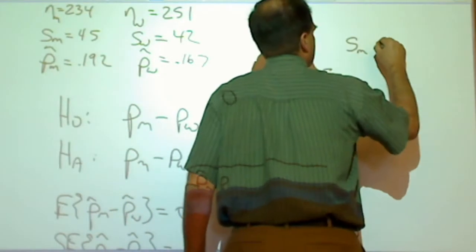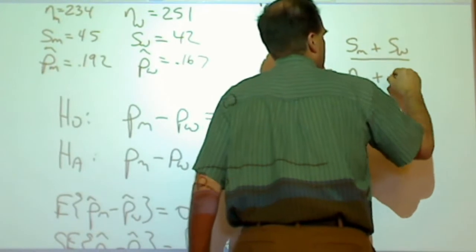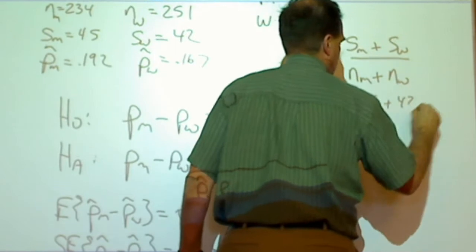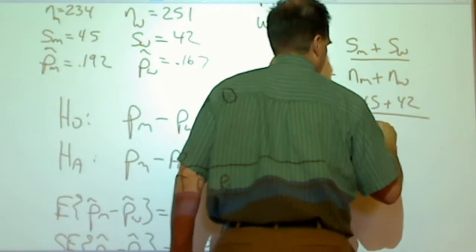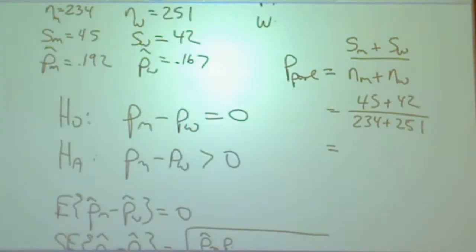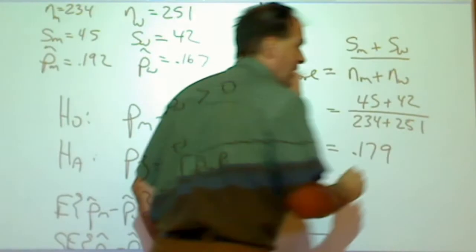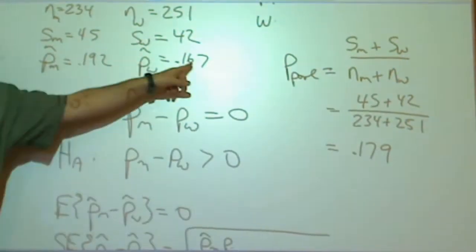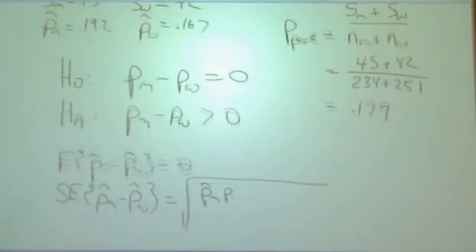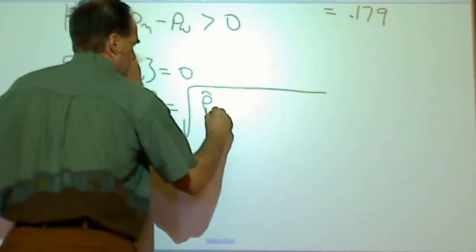So it's success men plus success women all over the two totals. Okay, so 45 plus 42 over 234 plus 251. Okay, so this is 0.179. Okay, kind of expecting it to be in between because we're pooling it. Okay, so when we calculate the standard error, we're going to use the pool.